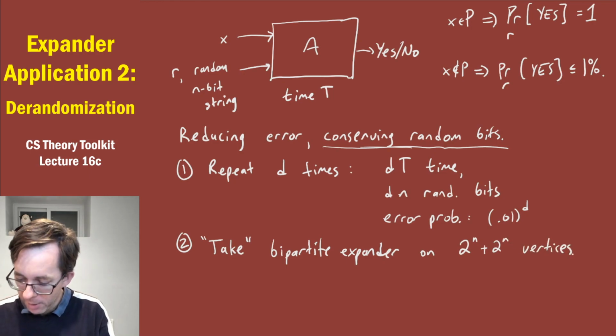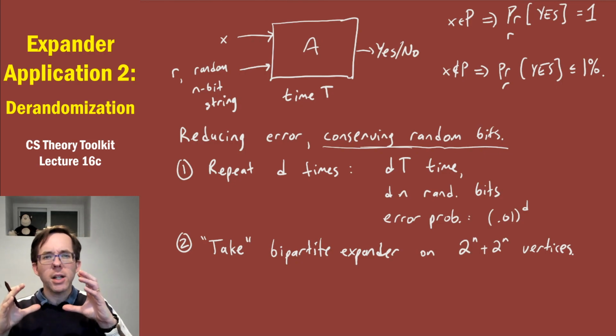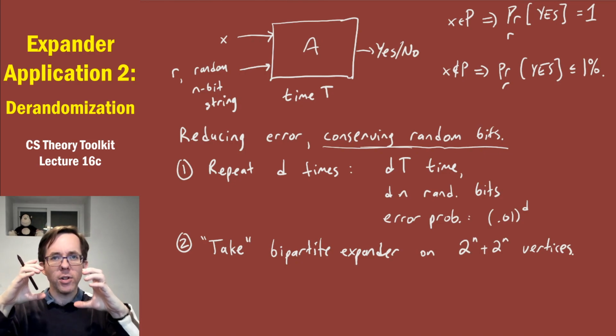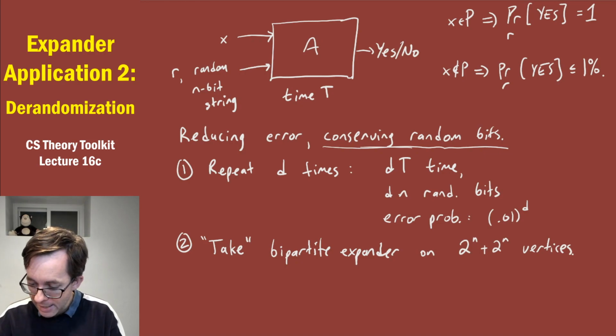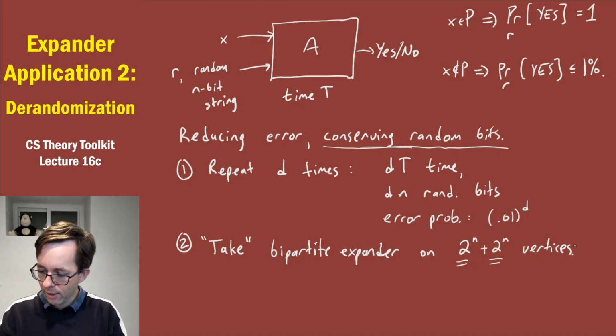These bipartite graphs we talked about before had n on one side and 3/4 n on the other side. Just ignore that 3/4 thing. Let's assume they have the same number of vertices on the left and right, and that this number is 2 to the n. I'll put an exclamation mark here because this is a bold move.